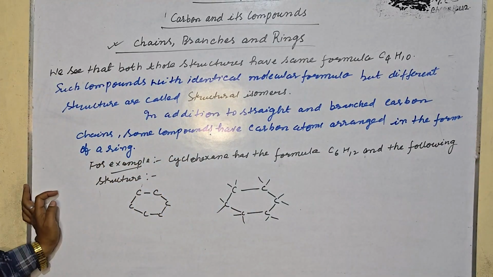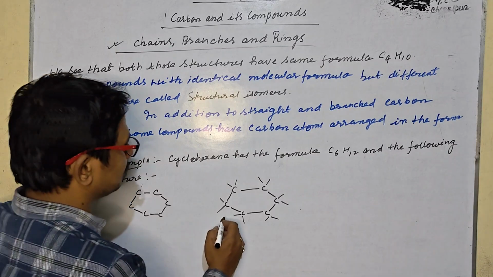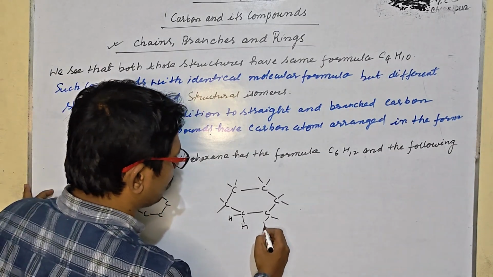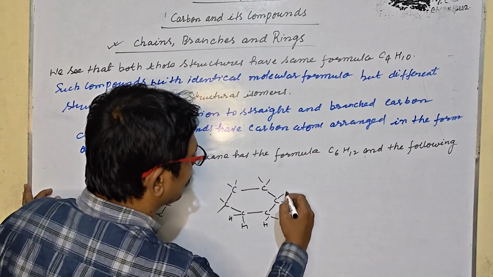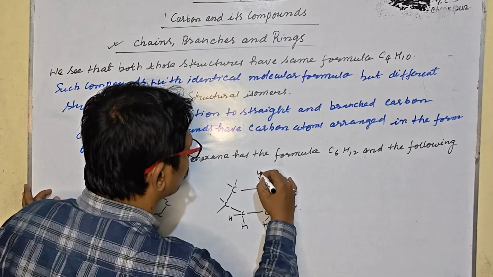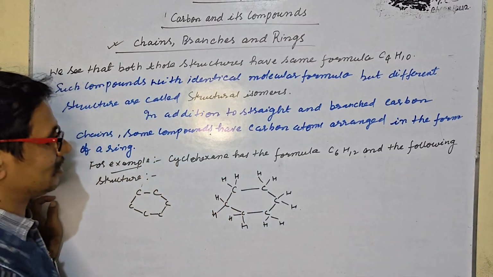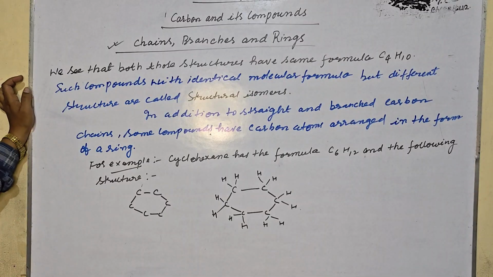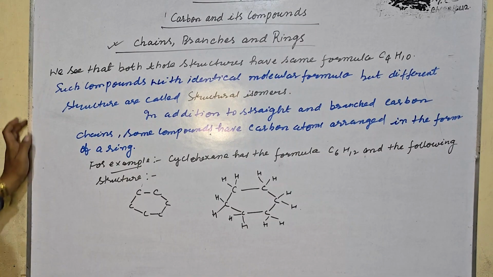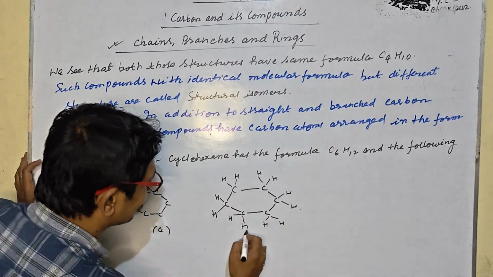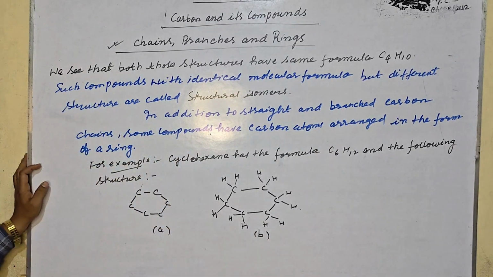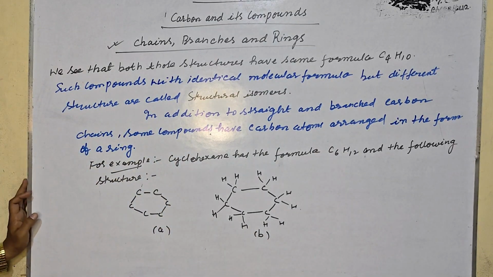You will see all the carbon atoms are attached with hydrogen atoms. That is the C6H12 structure. This is A and that is B, and it is the structure of cyclohexane.